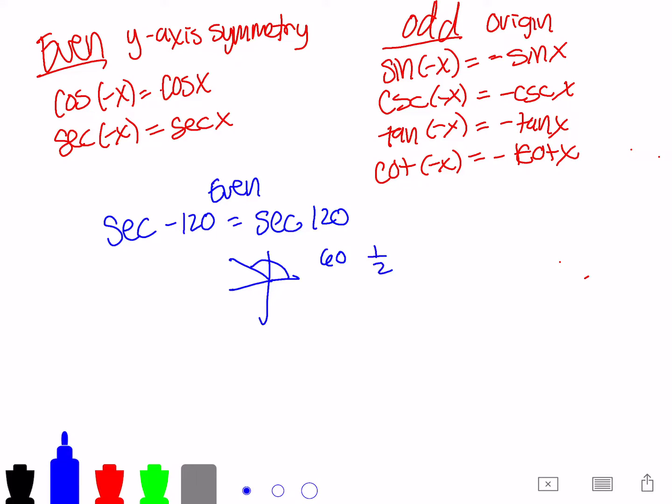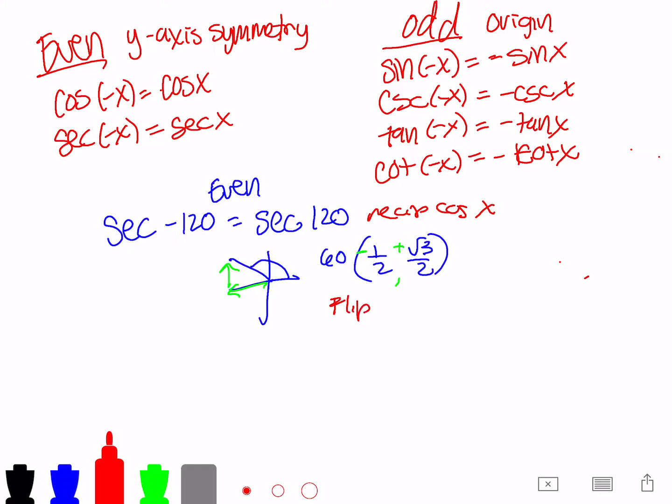That gives us the point negative 1/2, root 3 over 2. We went left and up. So left is negative, up is positive. The secant's the reciprocal of cosine. Cosine is the x value, so I'm thinking flip the x value. So I flip negative 1/2 to be negative 2 over 1, which is just negative 2.